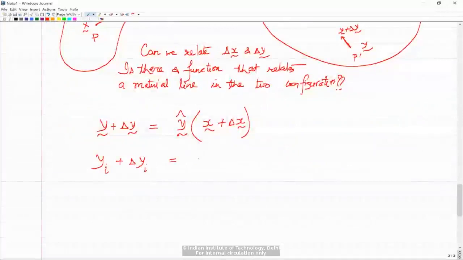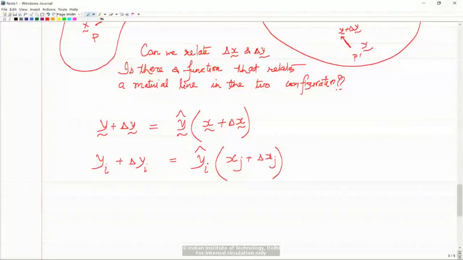So that's going to be equal to this yi hat, right, the ith component function. And what you have here is, I won't use i again, I have to use, let us say, j, xj plus delta xj, right? And remember that this j goes from 1 to 3.